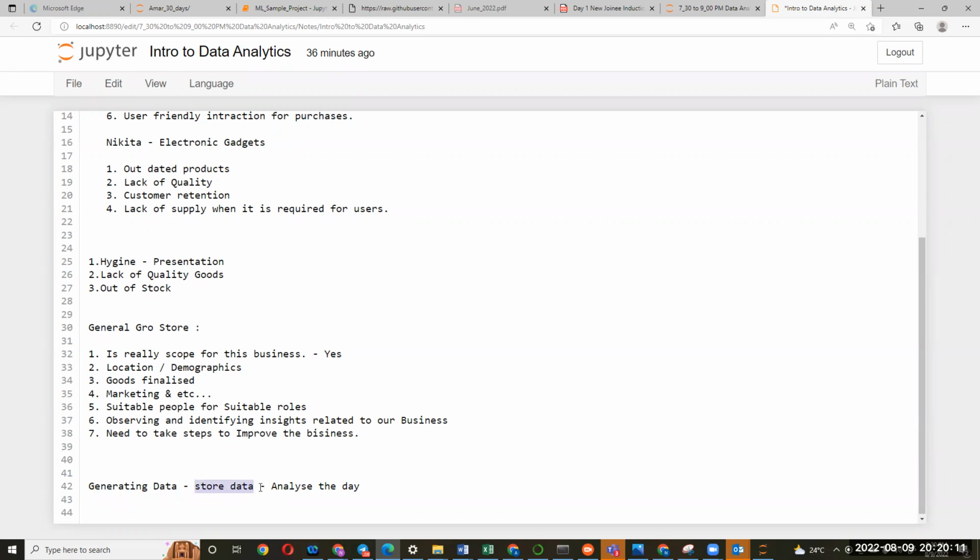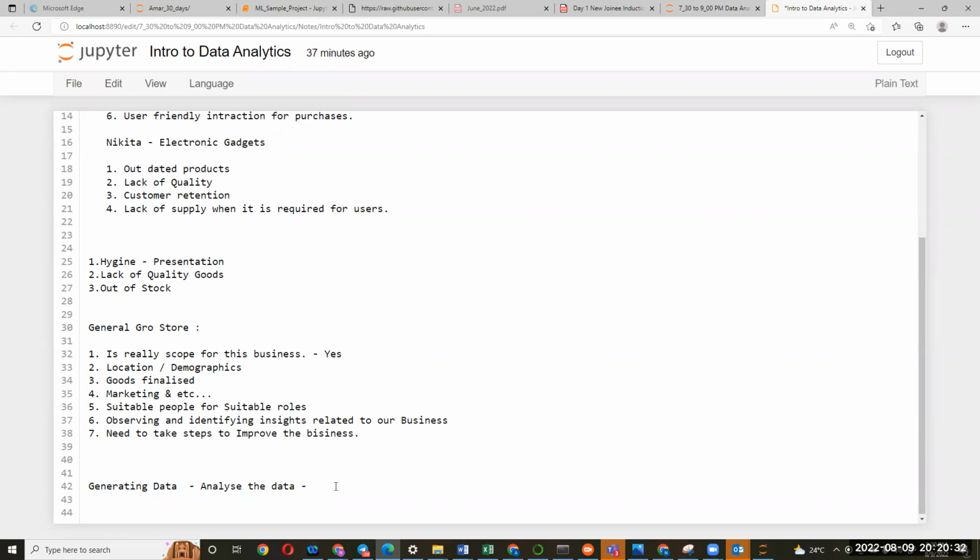Once data is there, what is our step? We need to analyze the data. To analyze the data, we have multiple ways.